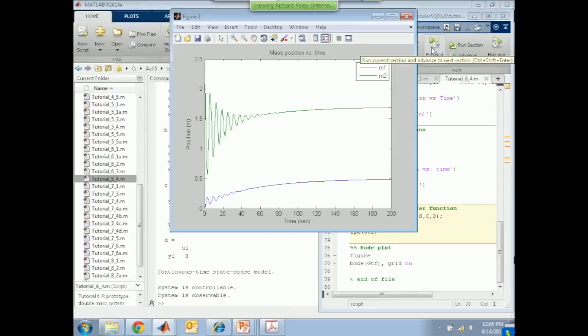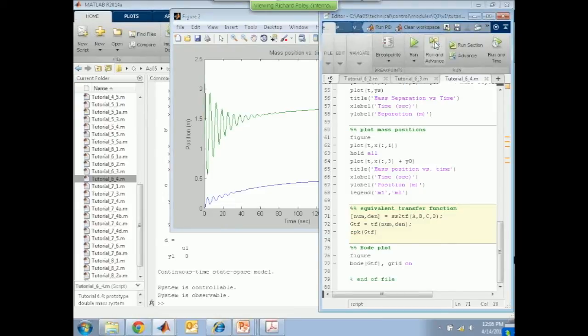And this is mass M2, which is being influenced by M1 to a far greater degree. It's oscillating, and what happens is both of these are kind of oscillating and moving slowly along the slideway, and they come to a rest about half a meter further along the slideway than where they started. So I think you can visualize that by doing that, like that, it's going to oscillate a little bit, and then it's eventually going to move and come to a rest, and that's exactly what it does.